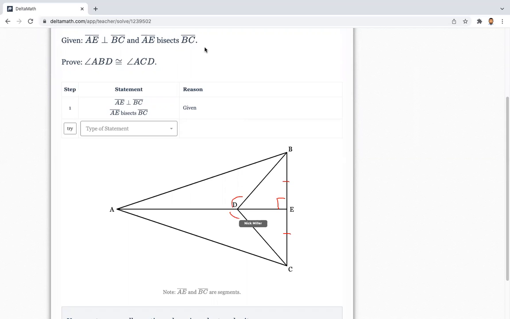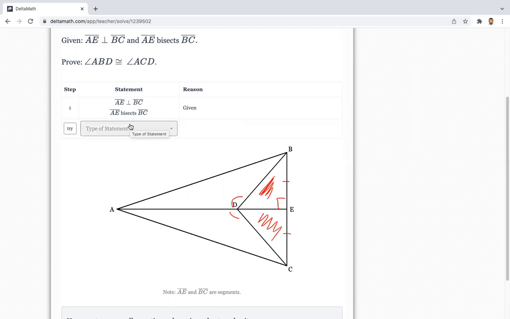So it looks probably like we want to do a CPCTC for the angles. Let's see. It looks like I can prove this triangle is congruent to this one by side angle side if I use reflexive. And then I should be able to just get to those angles using supplementary angles for linear pairs. So let's try that.